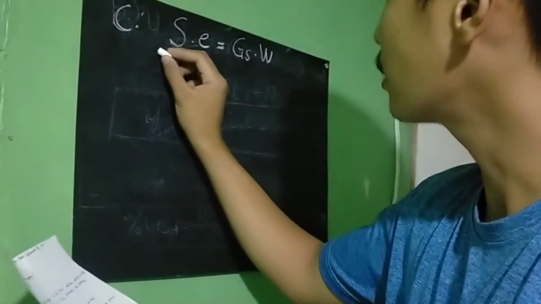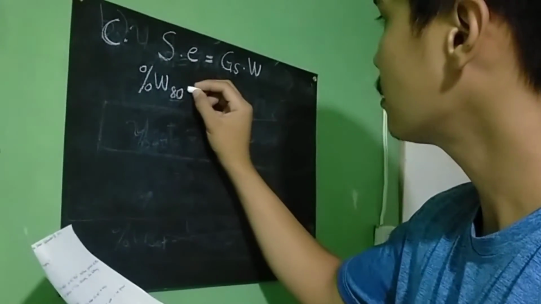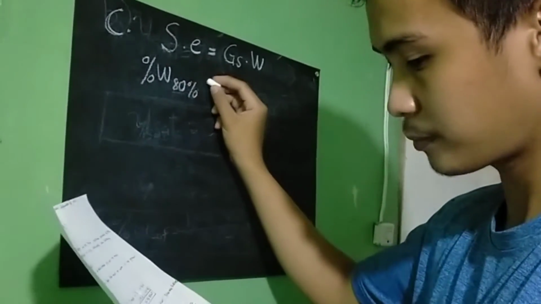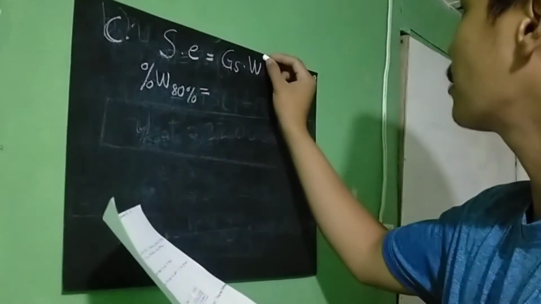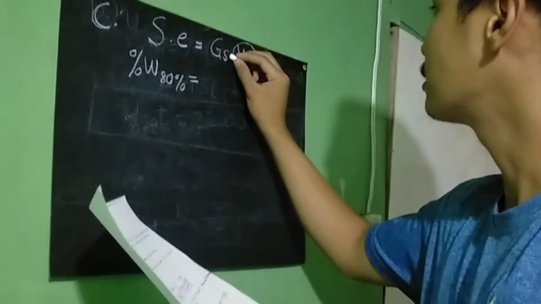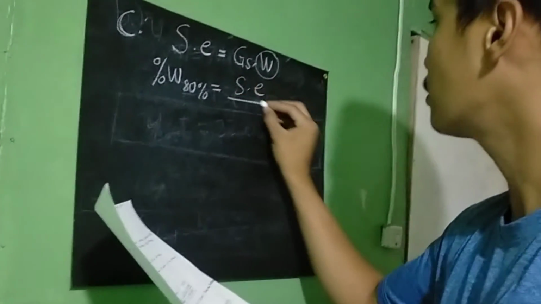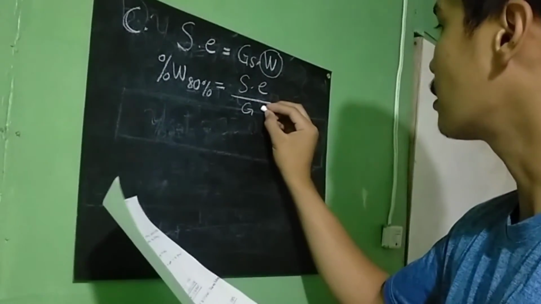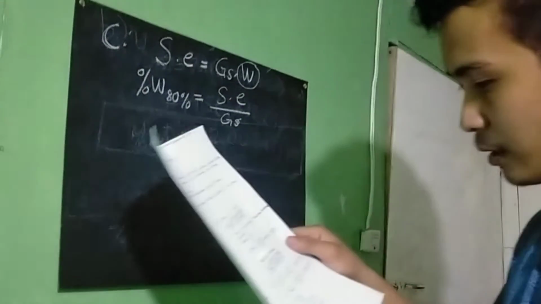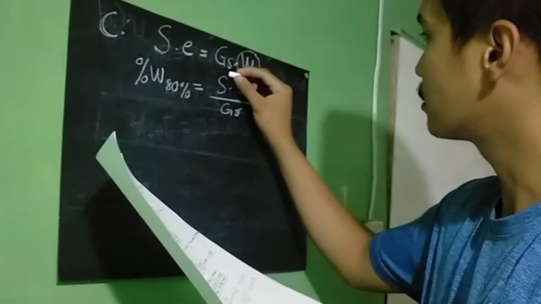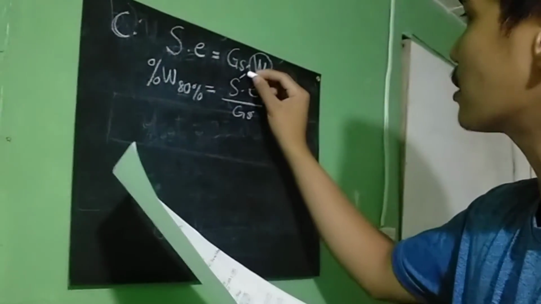So the water content at 80% saturation is equal to, simplifying the formula since we are looking for it, S times e over the specific gravity. Now this is given since the degree of saturation is 80%.